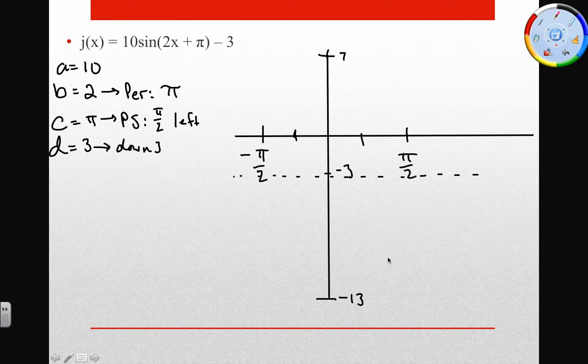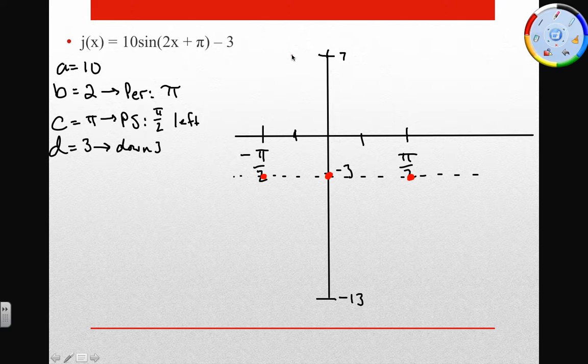As soon as I've made my axes, I can do the graph. This is a sine function, so sine is going to start on my dashed line, left pi halves on the dashed line. It's going to finish 1 pi away, and the half is going to be also at the 0.